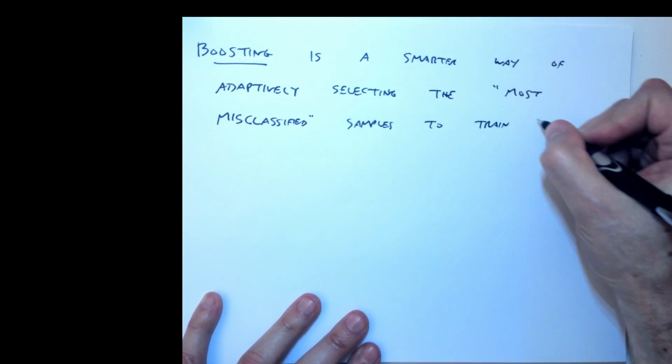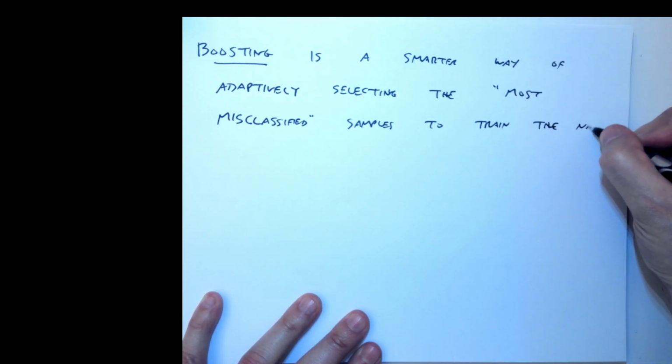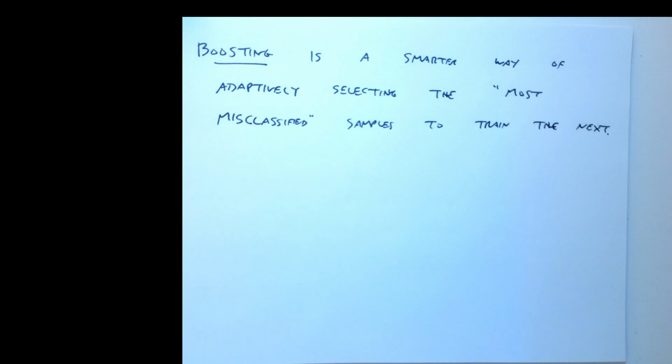So I'm adaptively choosing which points to use to train my next classifier: the ones that the first classifier had a hard time with, right?